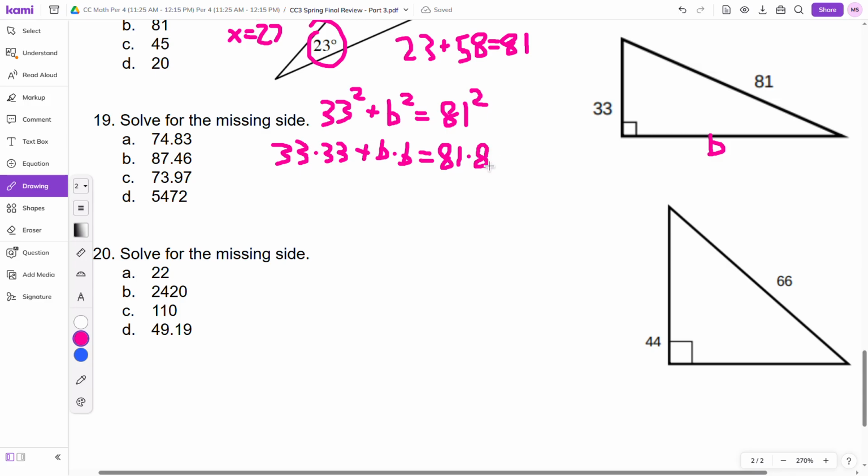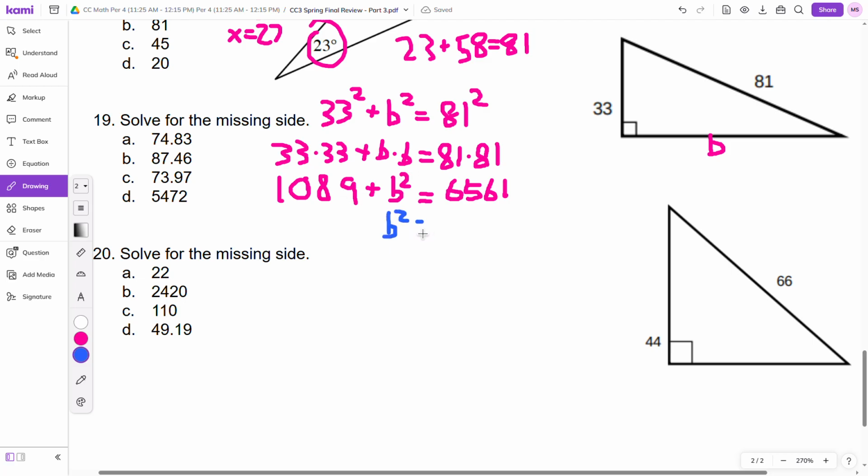Some of you guys don't have the calculator with the square thing, so maybe that'll work better for you. So this is 1089. And I actually prefer it as b squared. I'll just put that back. Equals 81 squared, which is 6,561. Then I subtract 1,089 from both sides.